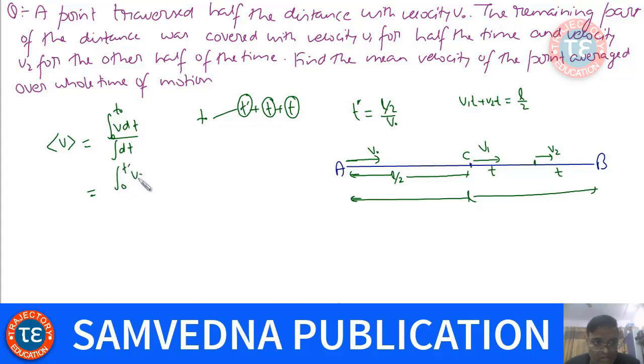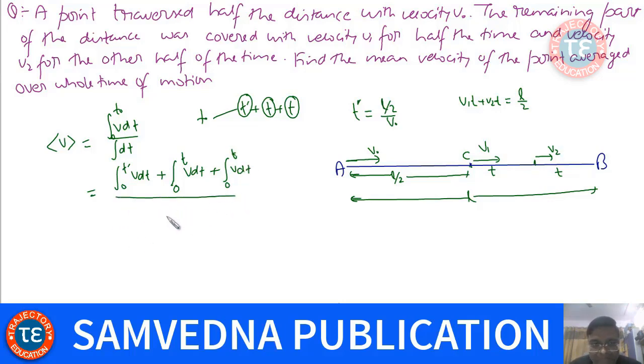So we will break this integral into 0 to t dash v dt, which is L by 2, and then from 0 to t, where v is v1, and then again from 0 to t.